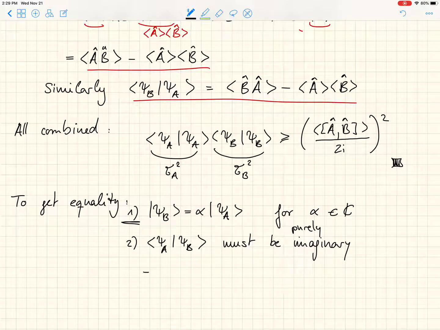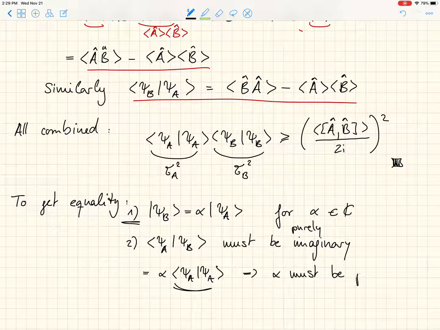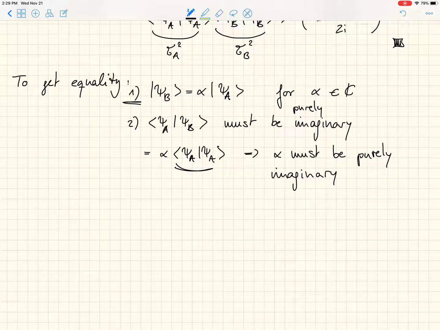Given the first condition, the inner product of psi_A and psi_B is equal to alpha times the inner product of psi_A with psi_A. The inner product of a quantum state or a vector with itself is always real. So that means alpha must be purely imaginary. So let's write alpha as i times a, where a is real. That would do it.